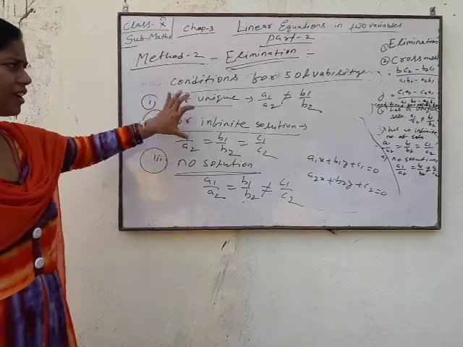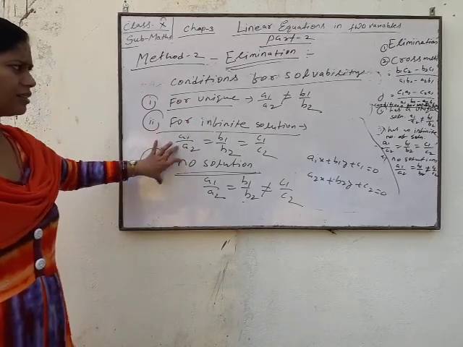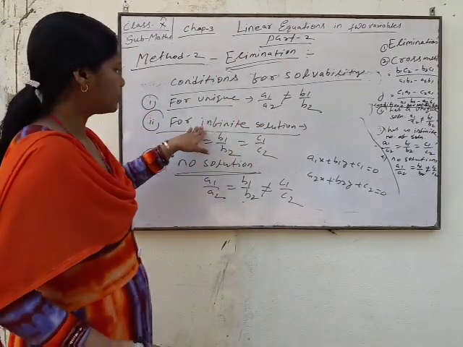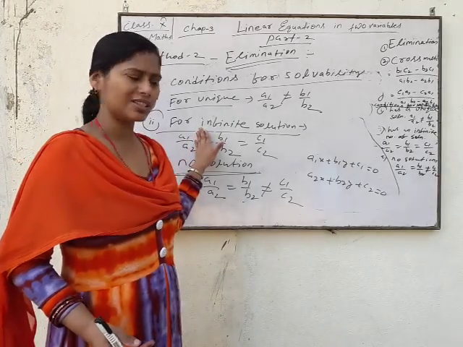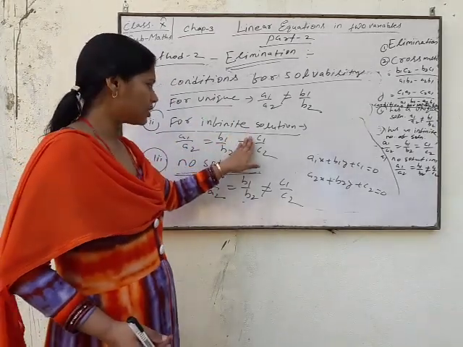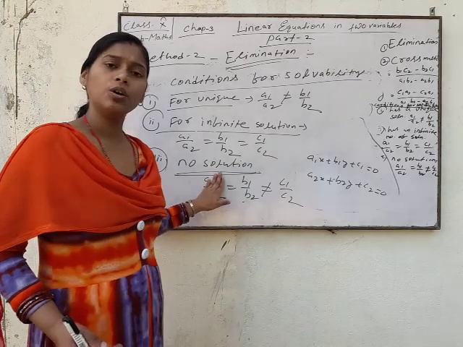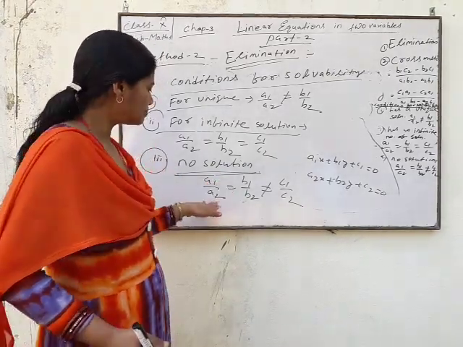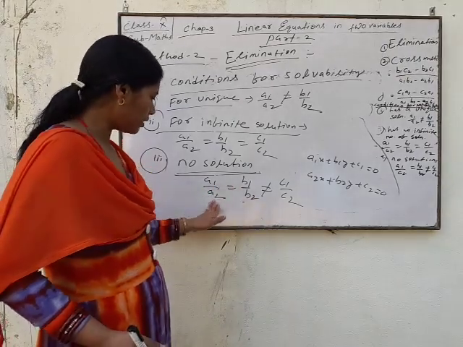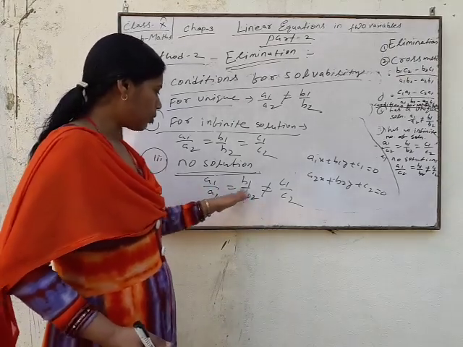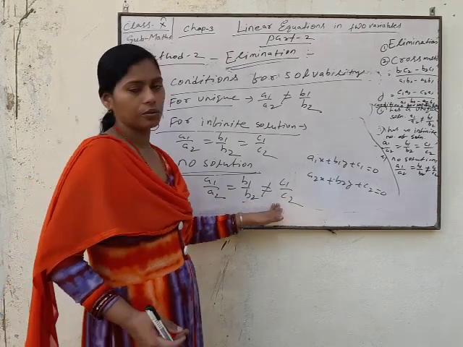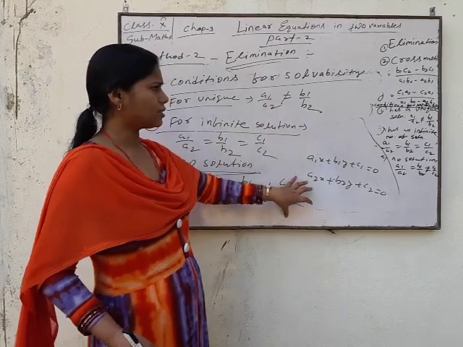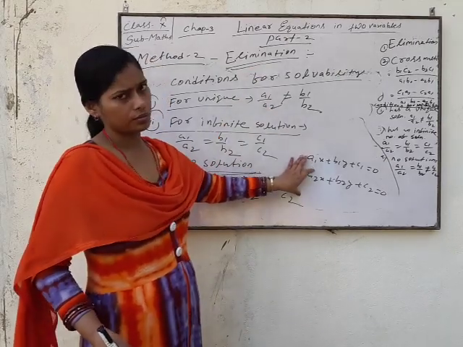Just like the graphical method: if the lines intersect at one point, that is a unique solution; if both overlap each other, it means coincident, that is infinitely many solutions; and the third case, no solution, means both are parallel. Here it is given by the formula a1 by a2 equal to b1 by b2 not equal to c1 by c2. Okay, students. So by using all these formulas, you will solve chapter 3.